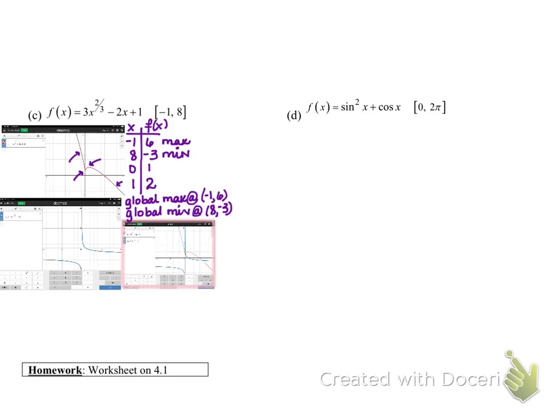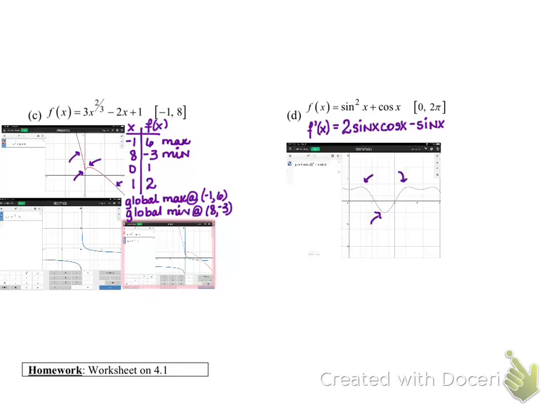Now we're going to move along to f of x equals sine squared x plus cosine x on the interval from 0 to 2 pi. If we look at the graph, we can see that we have maxima occurring, maybe at pi over 2 and maybe 3 pi over 2, I'm not really sure, and another one occurring down at pi, but we're going to check by putting our values into our calculator or working them out by hand.